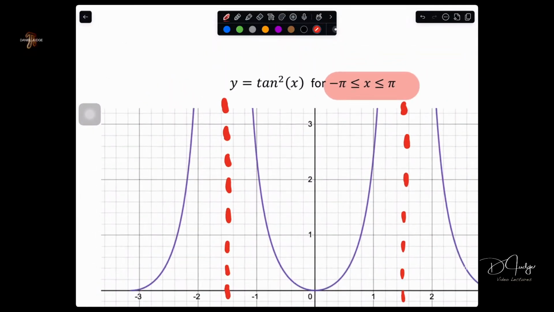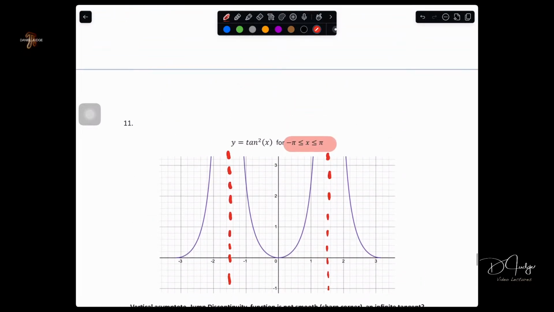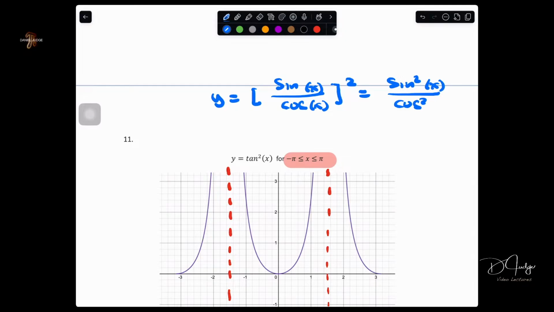Oh, tangent squared. Well, go back to the idea of what tangent is. Tangent is y equals sine over cosine, because that's tangent squared. So using algebra, this is actually sine squared over cosine squared.